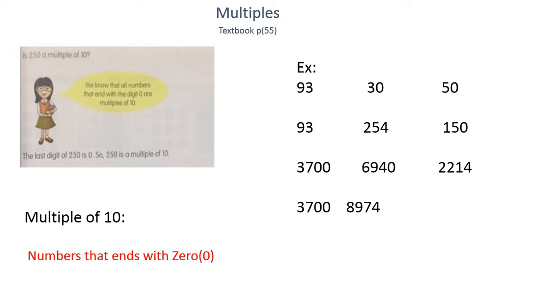93, it doesn't end with 0, so it's not a multiple. 30, it ends with 0, so it's a multiple. 50, it ends with 0, so it's a multiple of 10.